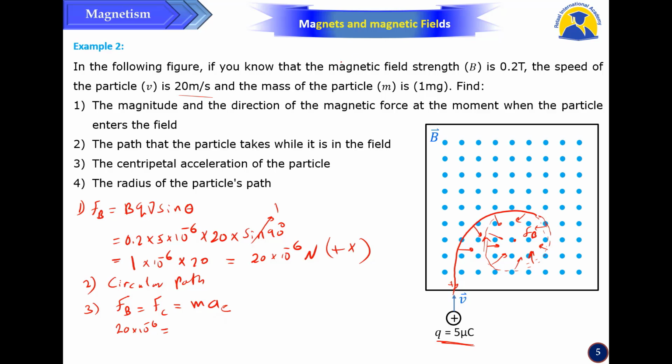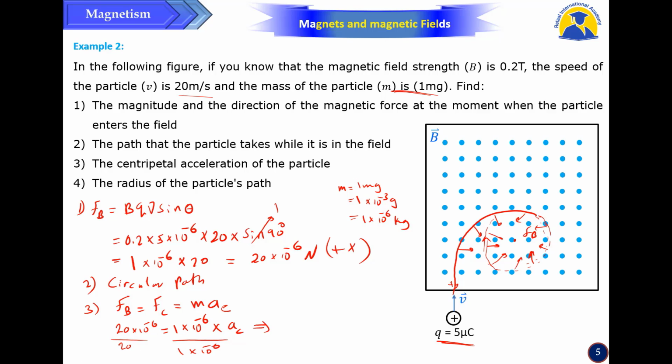M is the mass. The mass is 1 milligram, which means 1 multiplied by 10 power minus 3 gram. Now to convert gram to kilogram, this will equal 1 multiplied by 10 power minus 6 kilogram. So here, 20 multiplied by 10 power minus 6 equals 1 multiplied by 10 power minus 6 multiplied by AC. We divide both sides by 1 multiplied by 10 power minus 6.